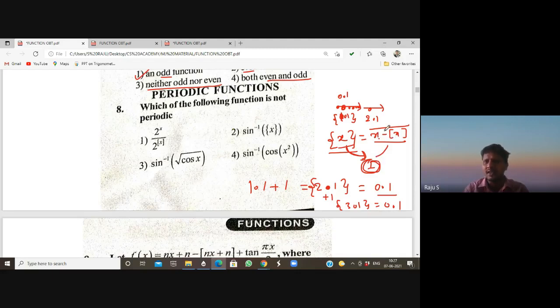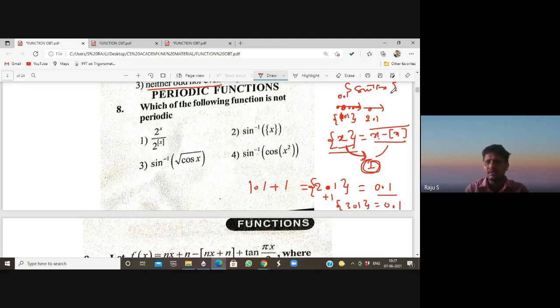In the same way, what is the period of sine inverse of the fractional part? Also the same, 1. Cos inverse of the fractional part is also 1. Exponential of the fractional part is also 1.